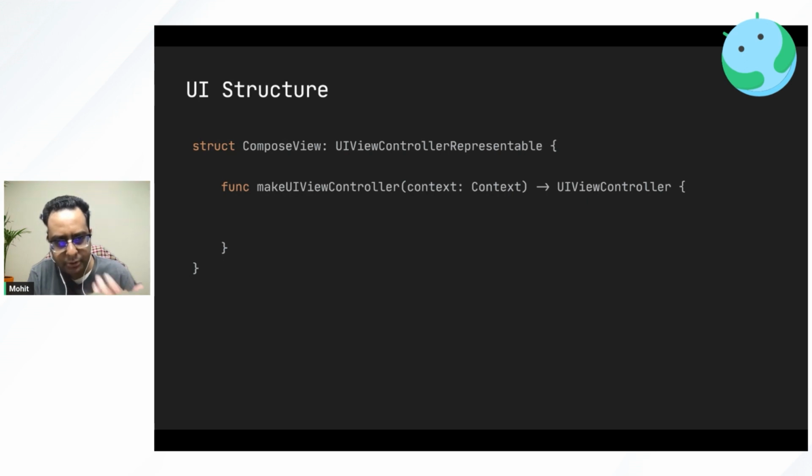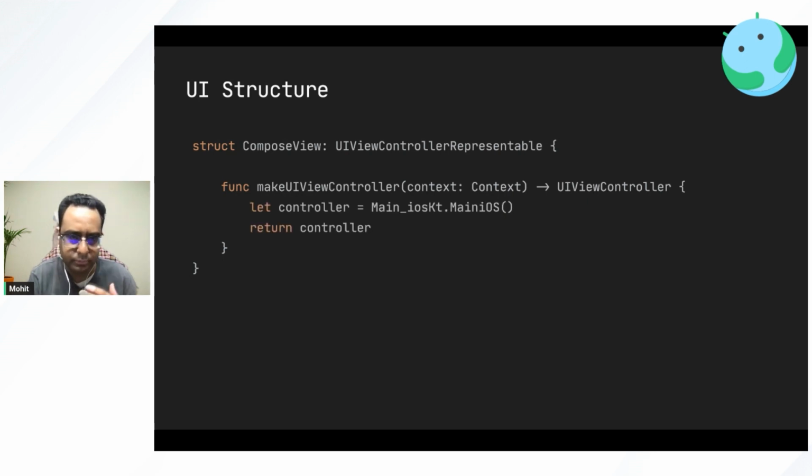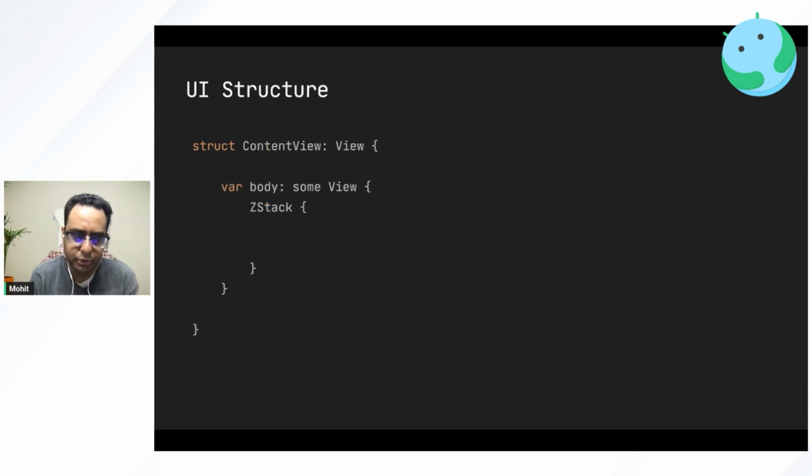And this has a method, makeUIViewController. When you look at what I'm doing here, MainIOSKt is a way to access things from my shared library. I'm accessing that main iOS method, the composable that was made. It's returning a controller, as you saw earlier, and that's what this ComposeView is doing.